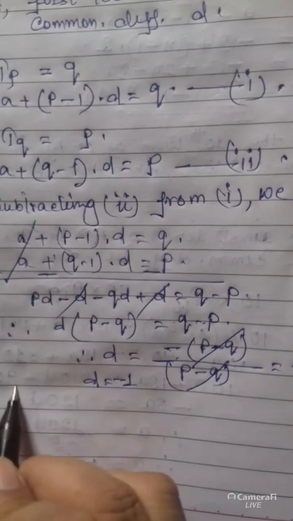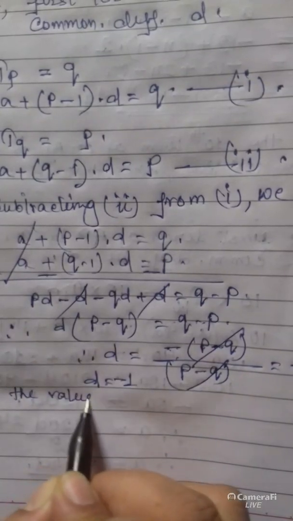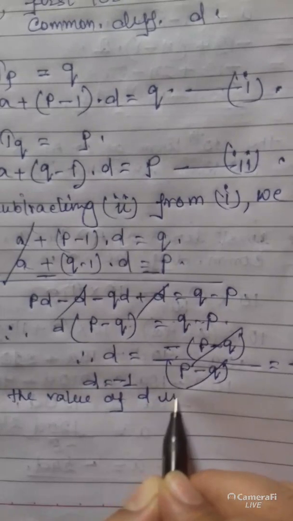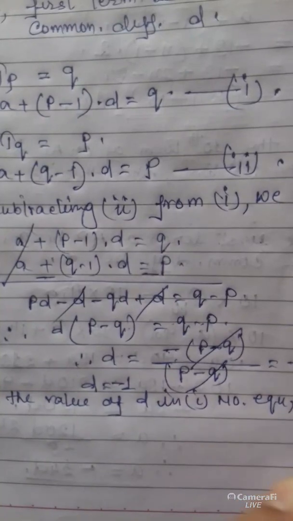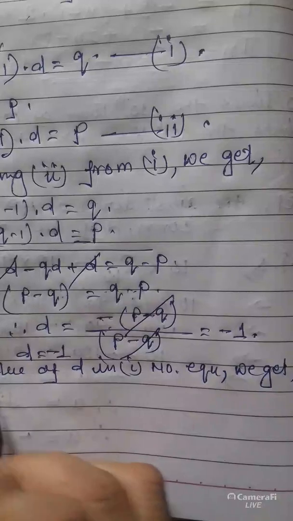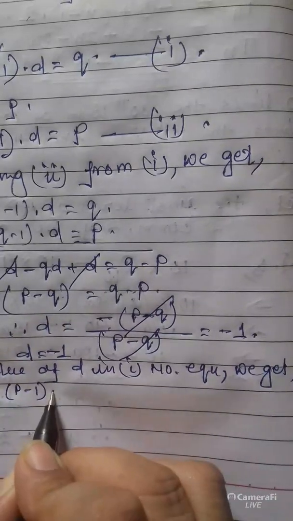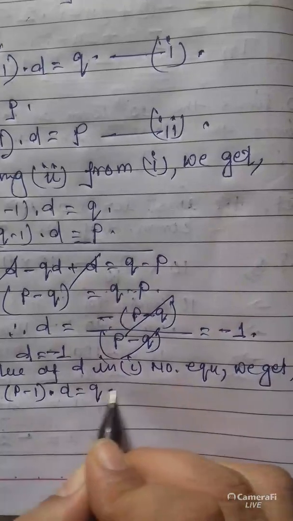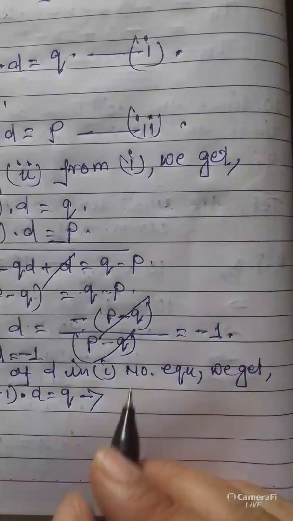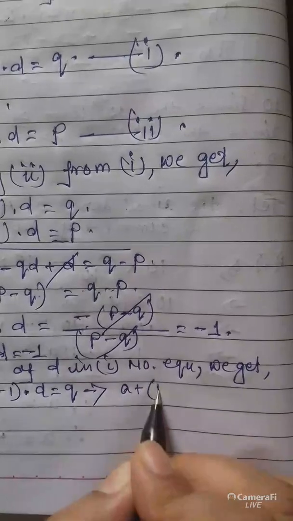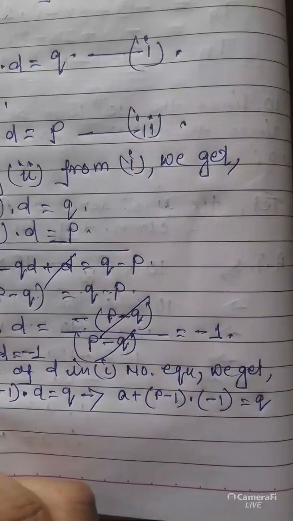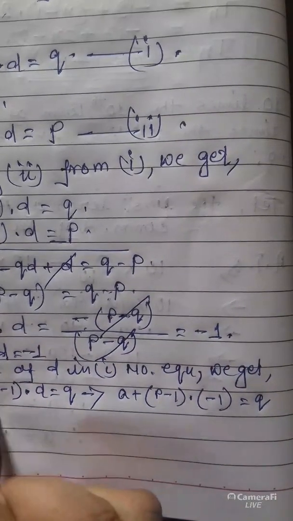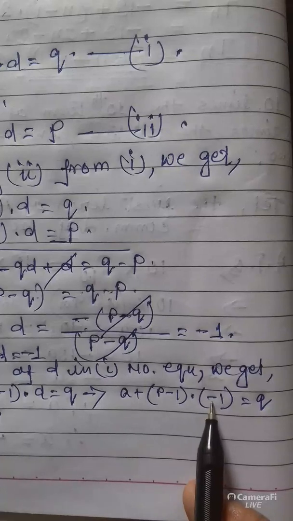Now put the value of D in equation one. We get A plus P minus 1 into D equal to Q. So A plus P minus 1 into minus 1 equal to Q. Now A minus P multiply P minus 1 multiplied by minus 1.